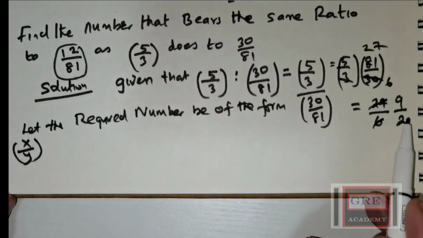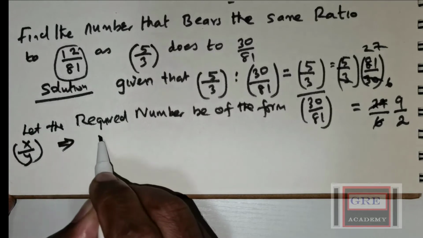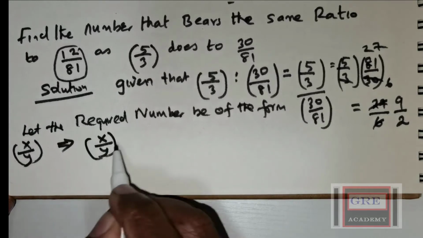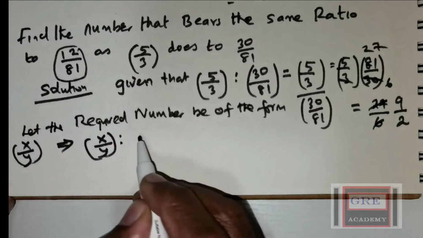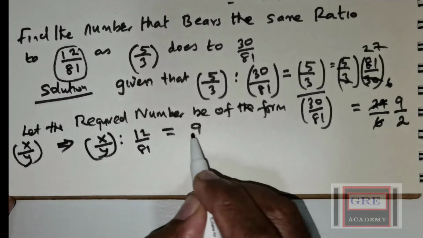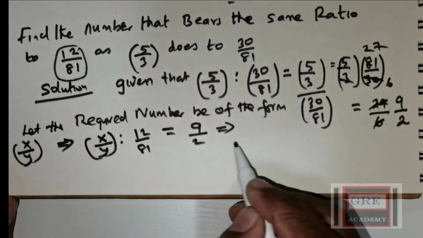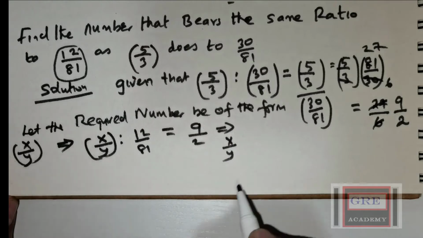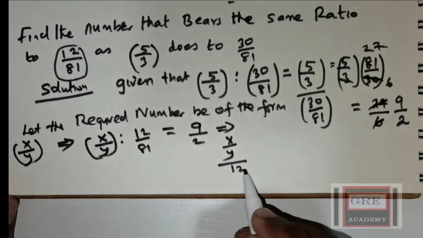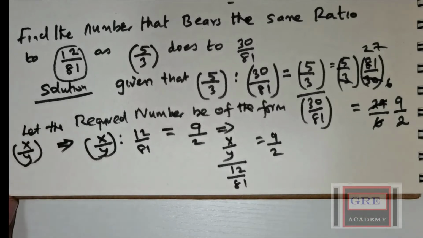Now that ratio we have found to be 9 over 2. So this would mean the ratio of x over y to 12 over 81 should also produce 9 over 2. Now this means x over y divided by 12 over 81 should be equal to 9 over 2.